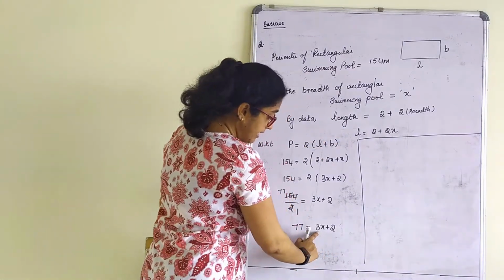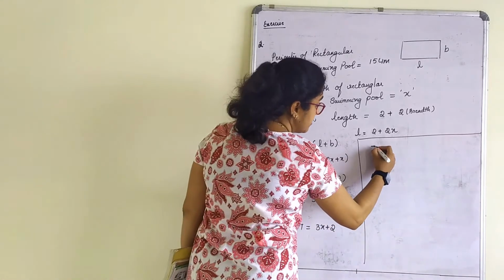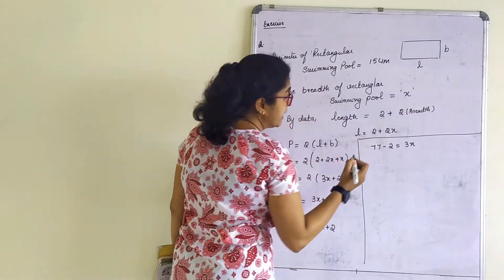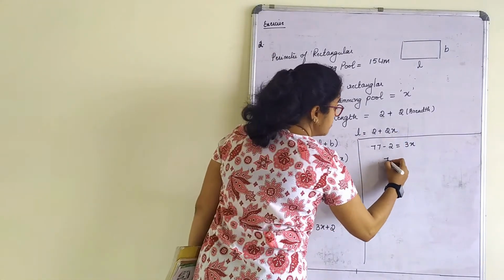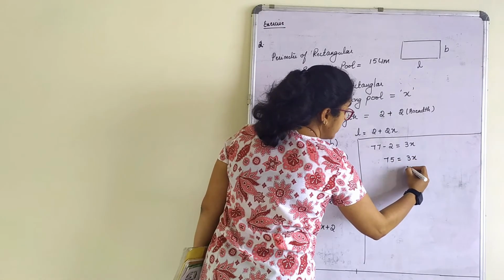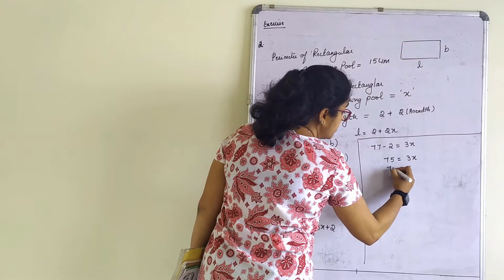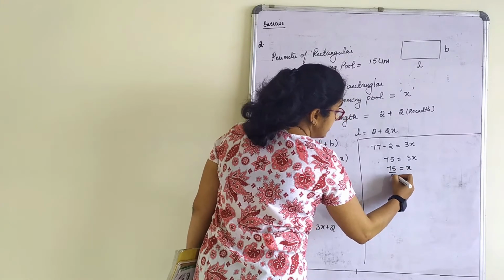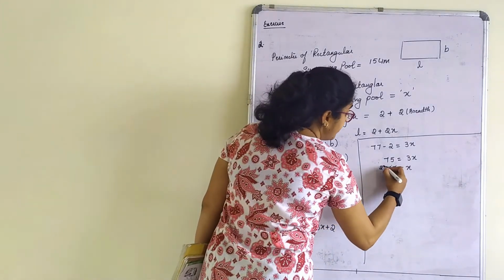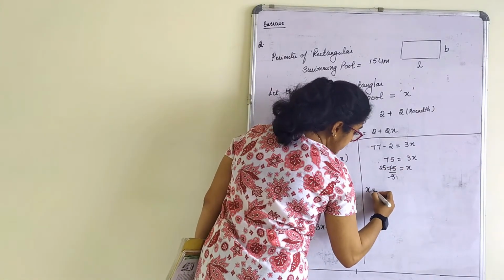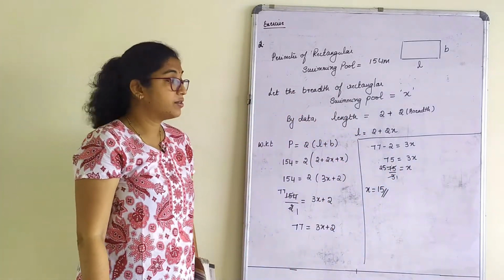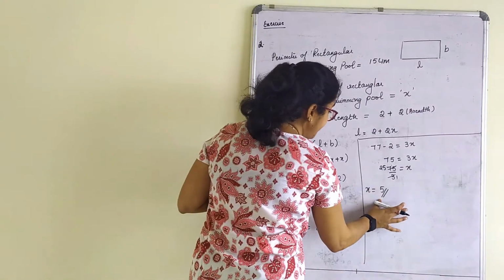So next part, keeping 3x as it is, 77 minus 2 is equal to 3x, right? 77 minus 2 is 75, equal to 3x. Therefore, x is equal to 75 by 3. 3 twos are 6, 3 fives are 15. Therefore, x is equal to 25.